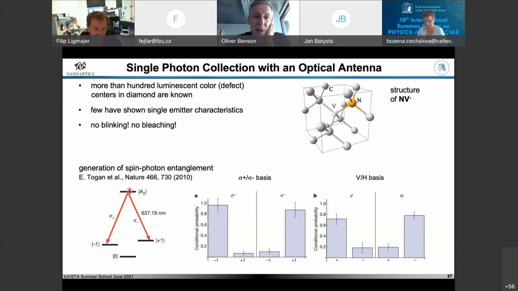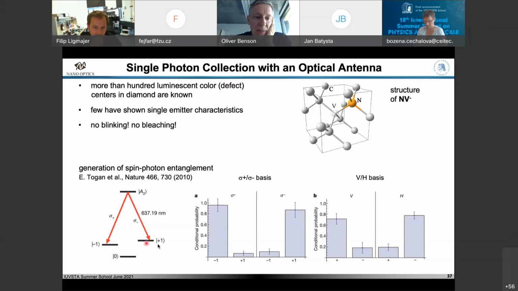Well, the idea is if you excite such a defect, it can emit here in two ways. It can emit a sigma plus circularly polarized photon and decay to this hyperfine state, or it can emit a photon and go to this hyperfine state.